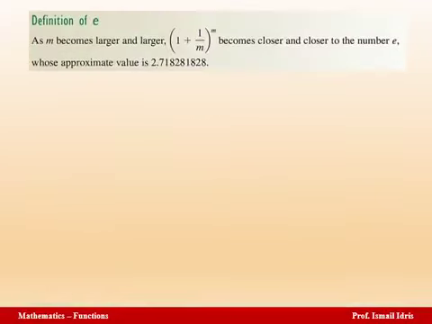Once we defined this exponential function, there is a very famous number that's denoted by e, and we call it the natural number e. Actually, for this amount, 1 plus 1 over m to the power m, when m becomes larger and larger, this amount is going to get closer and closer to a certain number, which we call e.